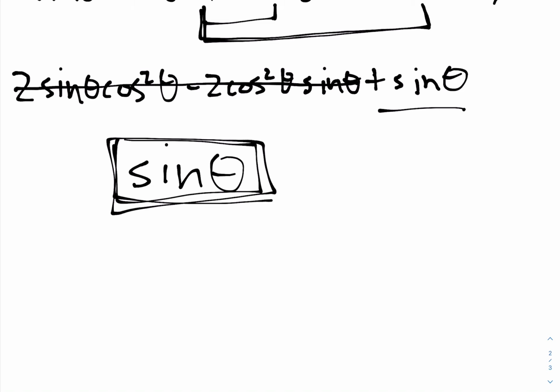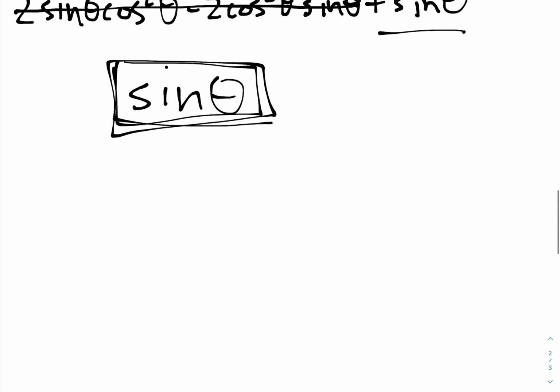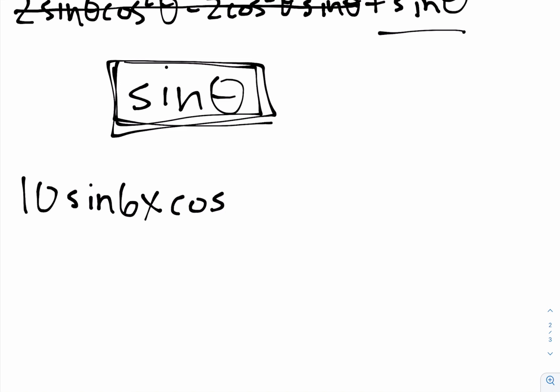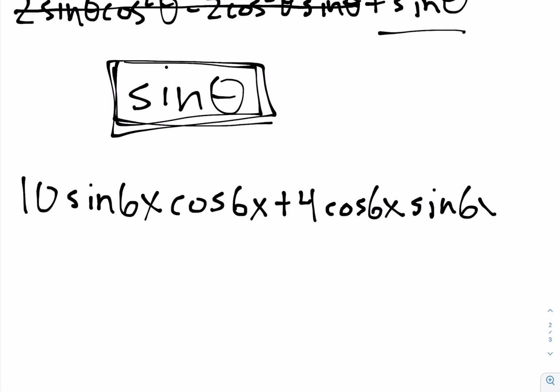Let's just do another example here. Okay, so let's say we have 10 sine 6x cosine 6x, plus 4 cosine 6x sine 6x.